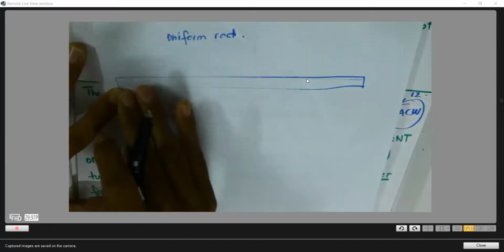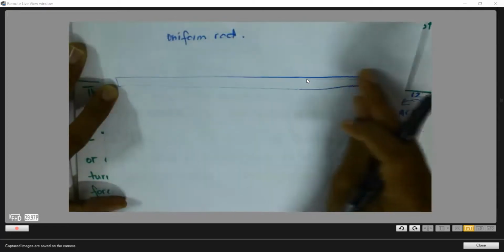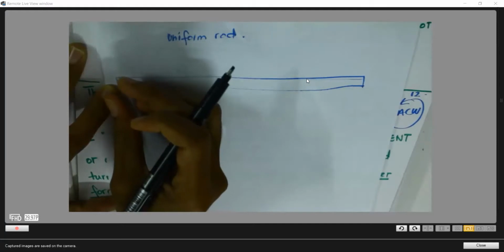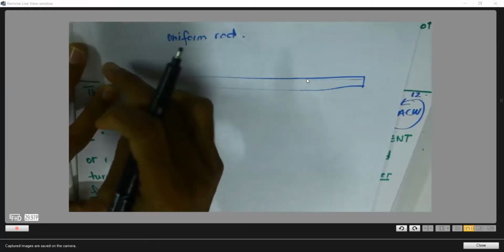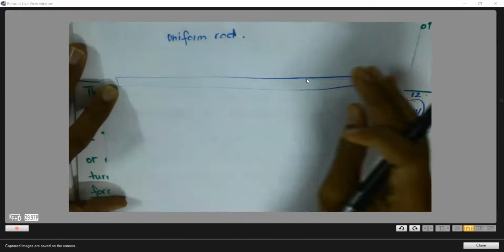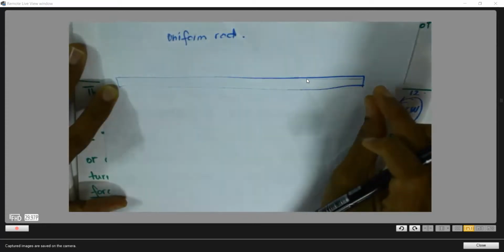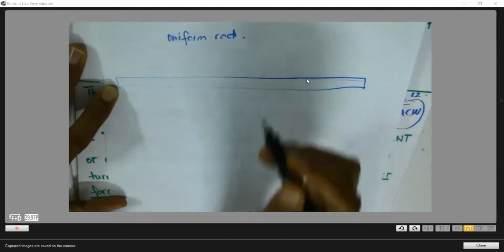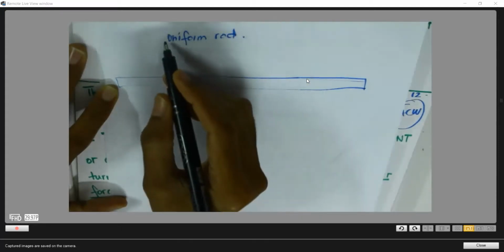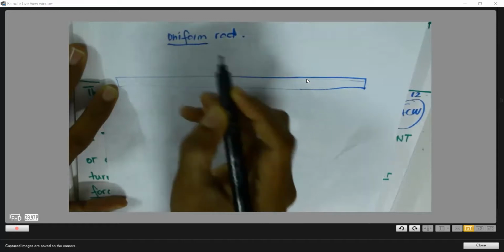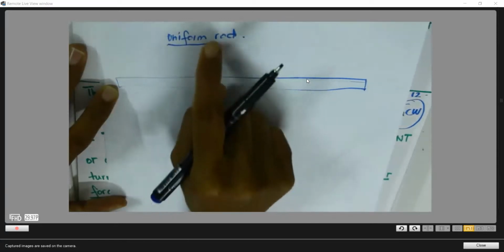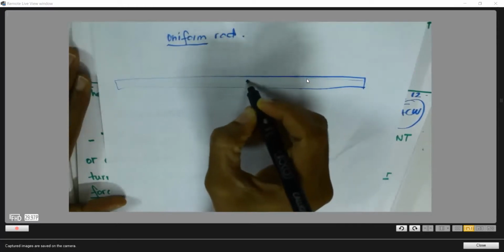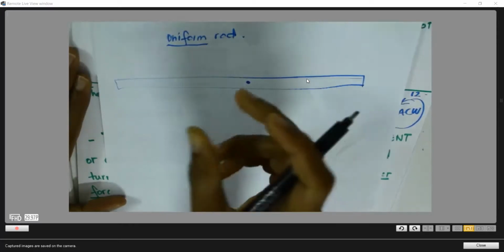It means that the mass is uniformly distributed. It is not thicker on any side or thinner on any side, it has uniform width or thickness. Why is it important for them to mention that the rod is uniform? Because only if the rod is uniform will you have the center of mass exactly at the center.